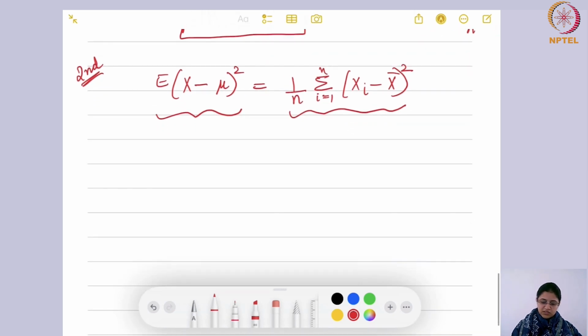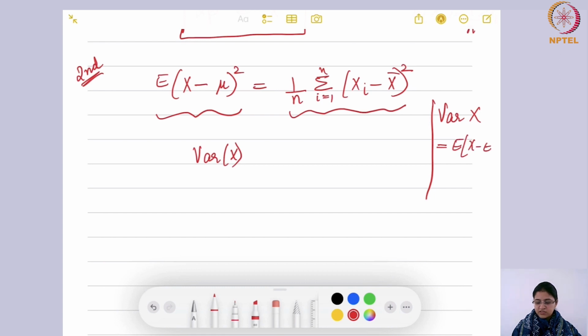In this case, what is the expectation of (Xi minus mu) whole square? This is basically the variance of X, right? Because what is the formula for variance? The variance of a random variable is nothing but the expectation of (X minus expectation of X) whole square.